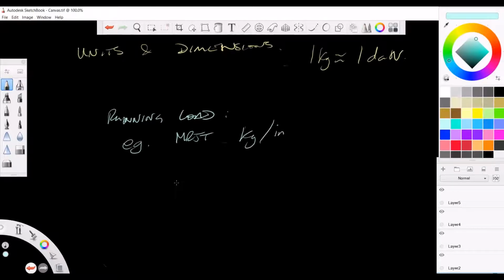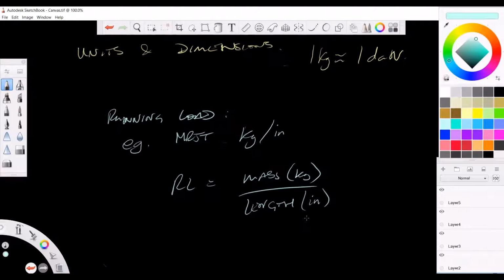So running load is the mass in kilograms divided by the longest length, or the length that's along the aircraft, in inches. And so you don't need to remember anything about the formula for how to work out running load or floor load intensity, because the units will tell you the formula.